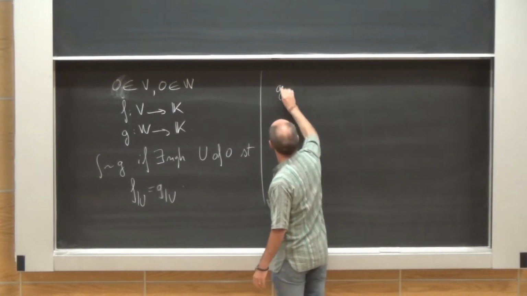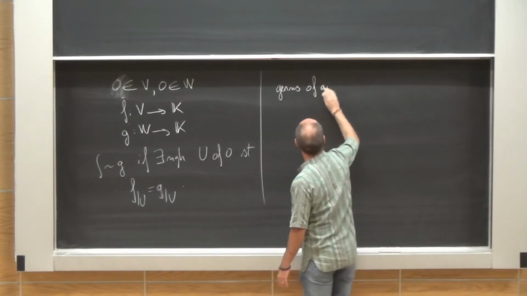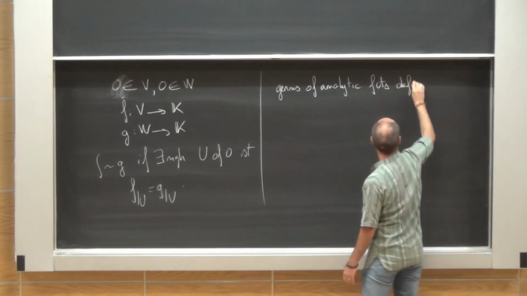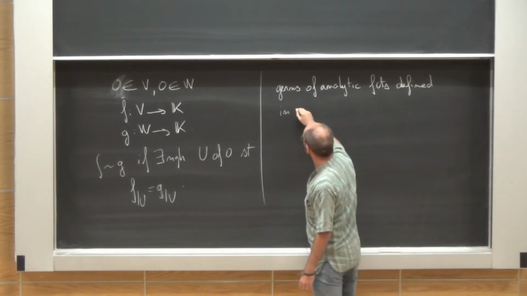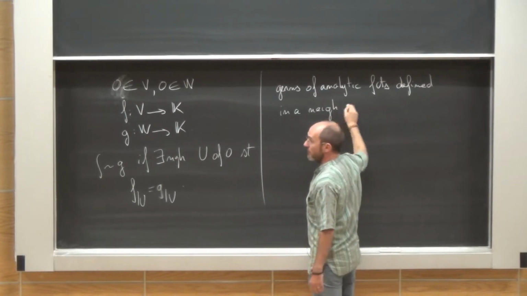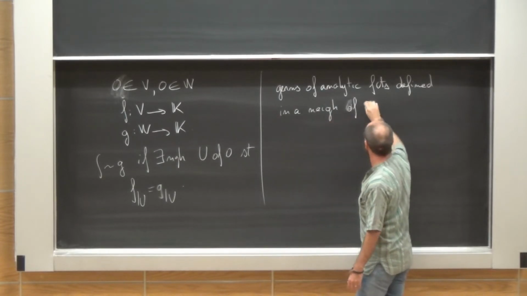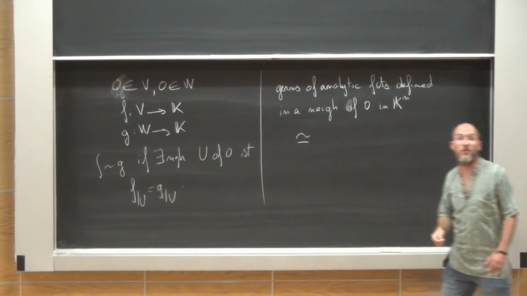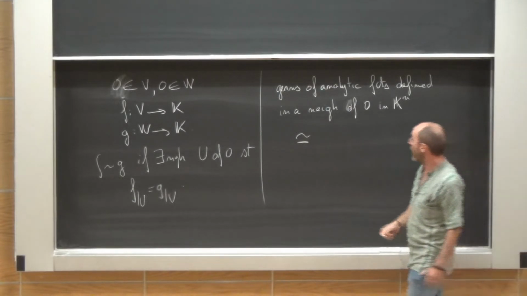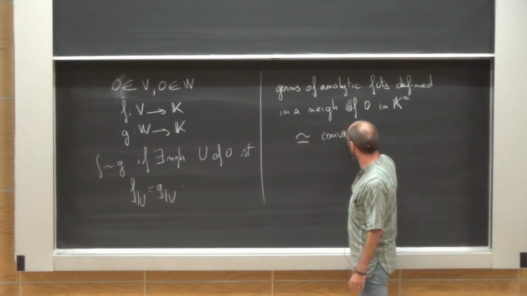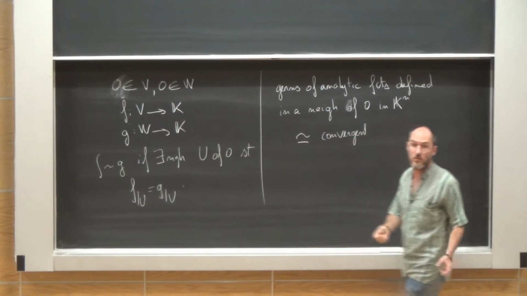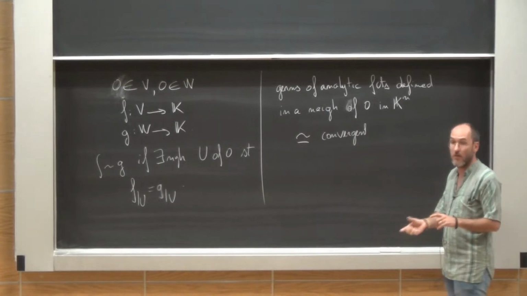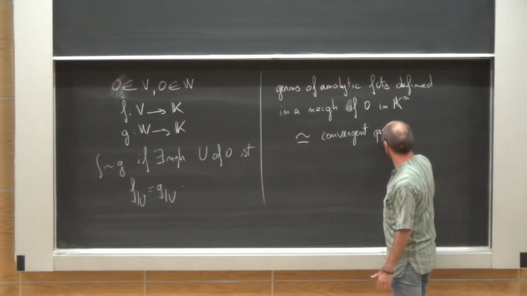And in fact, germs of analytic functions defined in the neighborhood of the origin in K^n are isomorphic as rings to the ring of convergent power series, because I can identify such a germ of function with its Taylor expansion, and this identification is a morphism of rings, and it's an isomorphism, in fact.